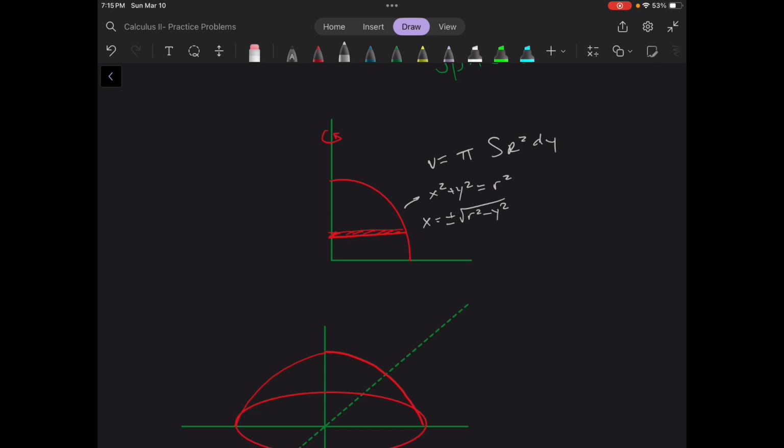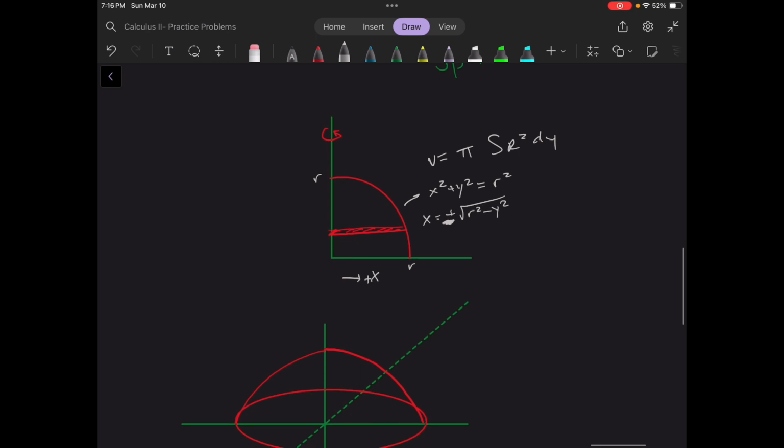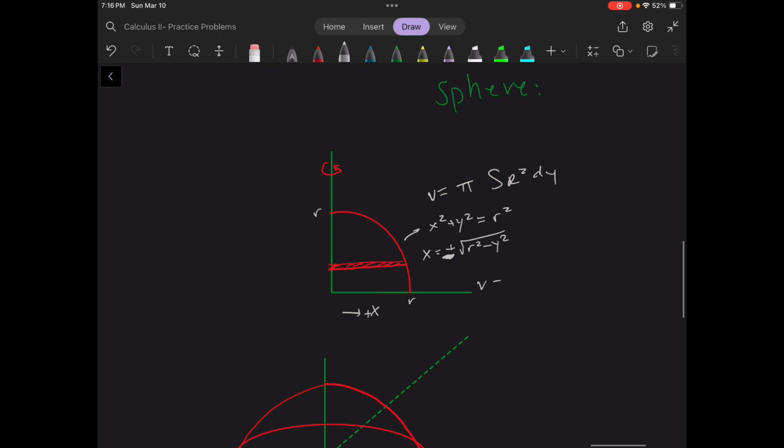Are we going to choose the positive or negative, though? Well, we're already in the positive x in this case, so we're going to forget about the negative. This is x equals r, this is y equals r. Okay, so now this is our radius function, and we have that volume equals pi integral the radius function, r squared minus y squared, squared dy.